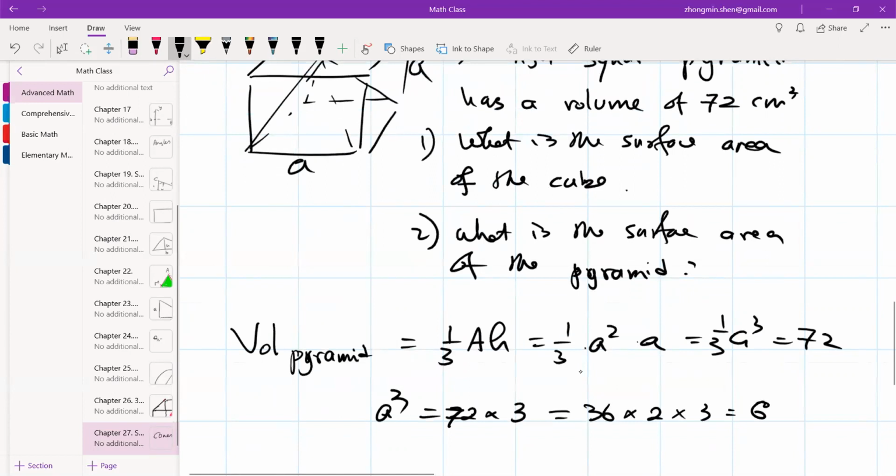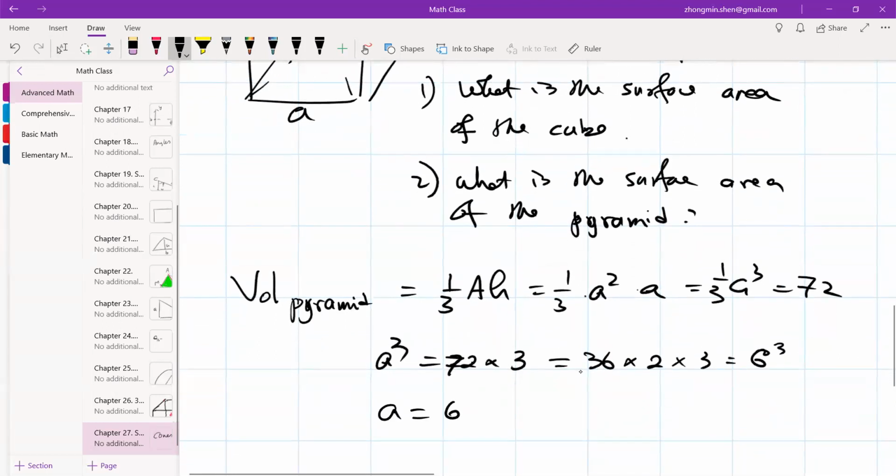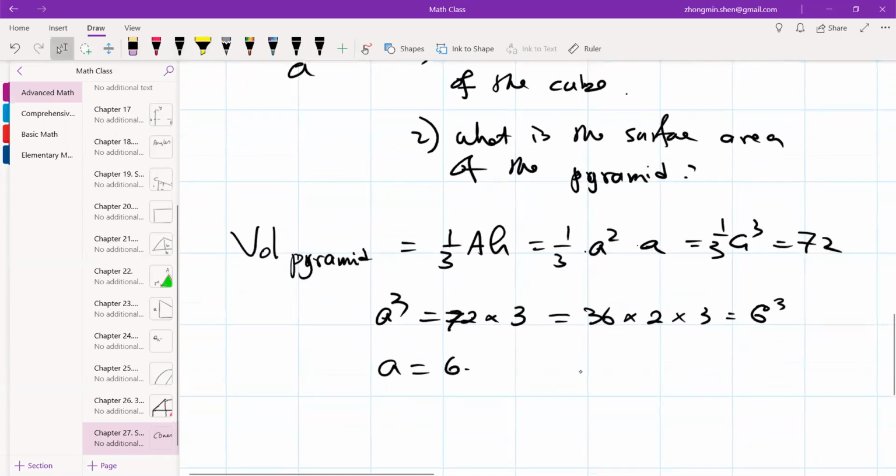So it's 6 cubed, so clearly A is 6. Then the surface area of the cube is going to be 6 times A squared. Write down the formula: 6 times 6 squared. Multiply them out, it'll be 216.